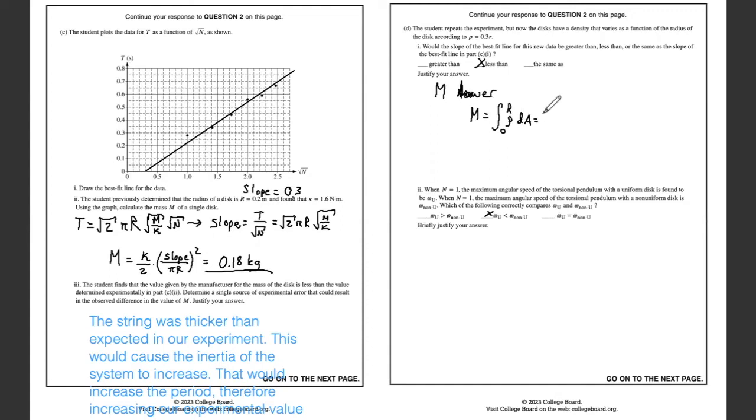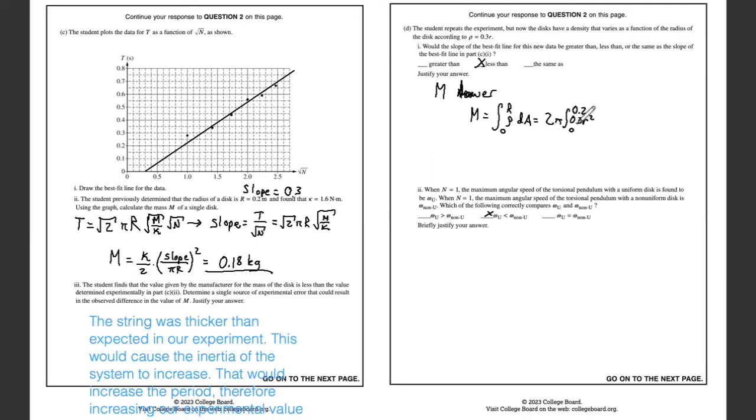Now, because these areas are circles, that would end up looking like 2 pi times the integral from 0 to capital R, where R is 0.2, of R squared times 0.3.